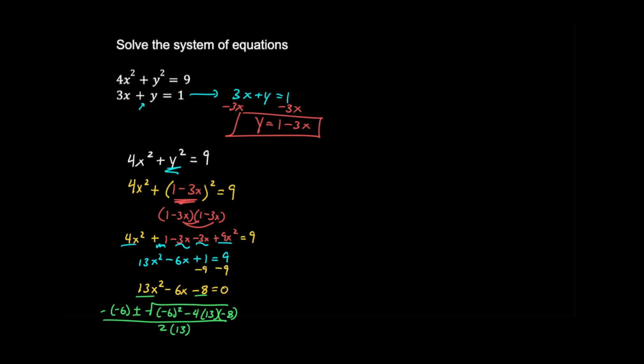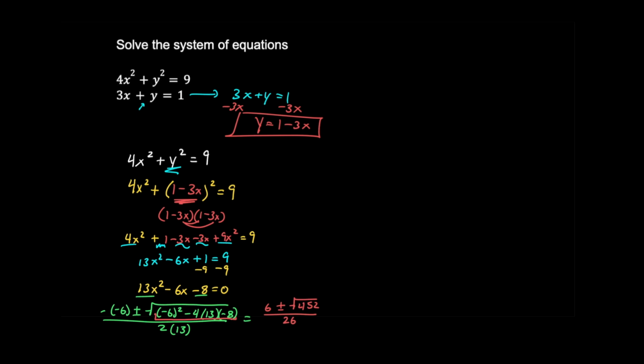Okay, so that's going to lead us to, if we simplify that, we'll have double negative, which will make a positive 6, plus or minus square root of. If we type the stuff underneath the radical into a calculator, we have 452, over 2 times 13, which is 26.